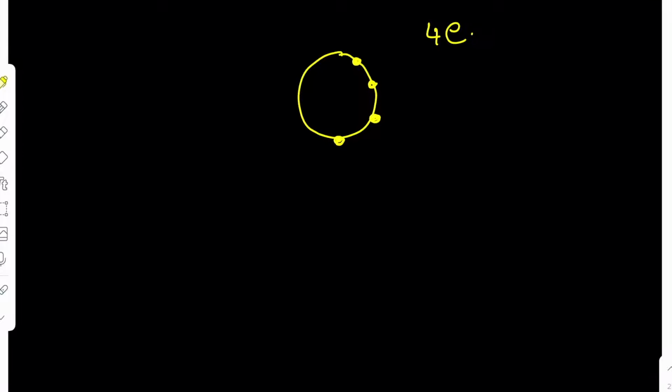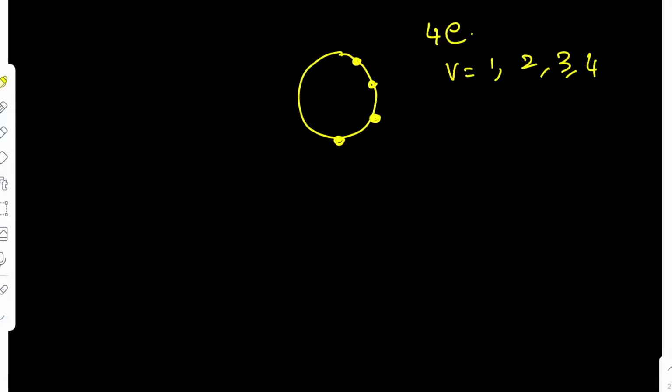So the valency, if an outermost shell has only 1, 2, 3 or 4 electrons, will be equal to either 1, 2, 3 or 4, depending upon the number of electrons present in the outermost shell.